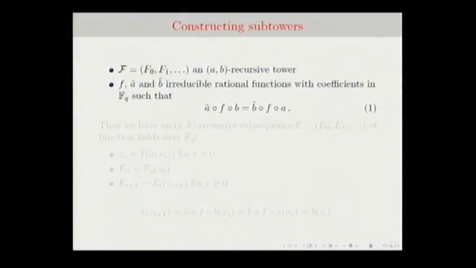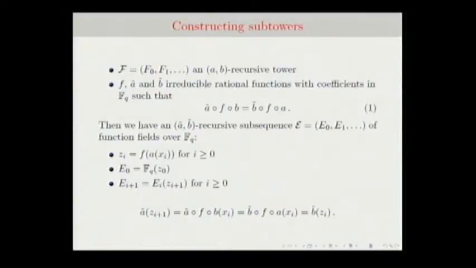And then if you can find f, A tilde, and B tilde like this, then you have a subtower, because you set xi equal to f of yi, and then the first field in your subtower will be Fq(y0), and all the others are given in this way, where now this equality holds. So this new subsequence is recursively defined by A tilde, B tilde.